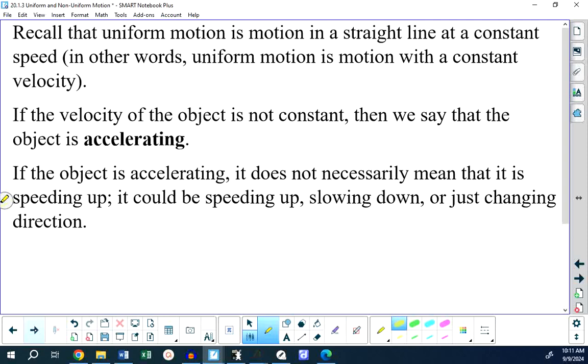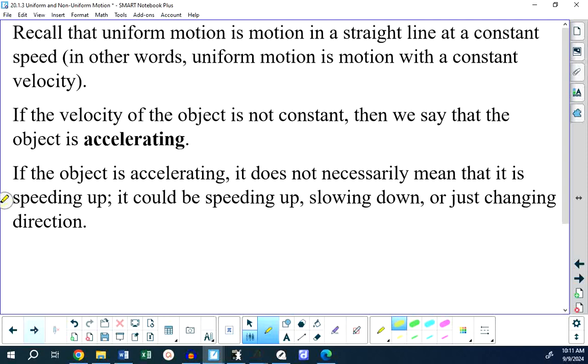I think we want to avoid the concept of deceleration here and saying the object is slowing down, so it's decelerating. What we want to say is, if an object speeds up, its velocity is changing, so it's experiencing an acceleration. If an object slows down, then its velocity is changing, so it's experiencing an acceleration. It's a backwards acceleration. It's a negative acceleration.